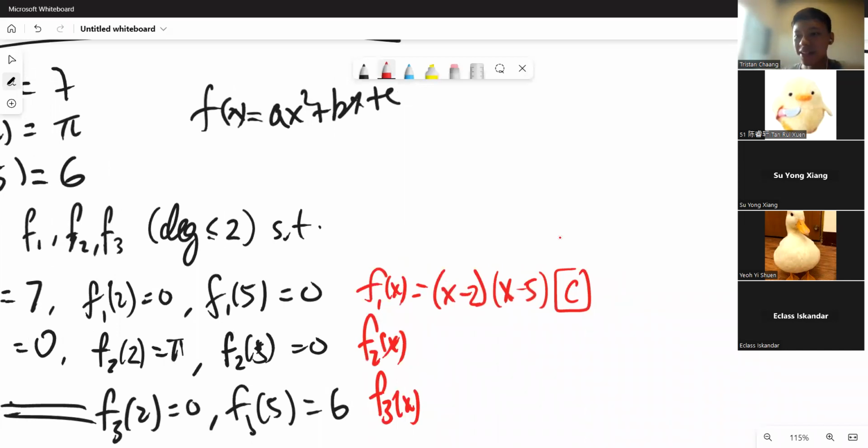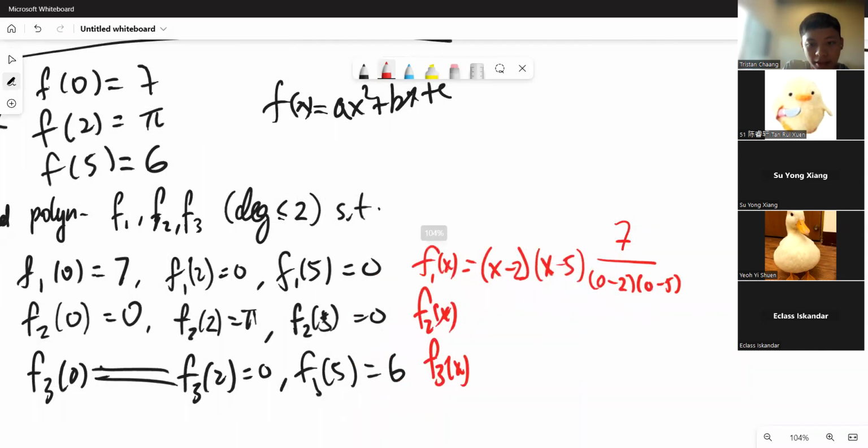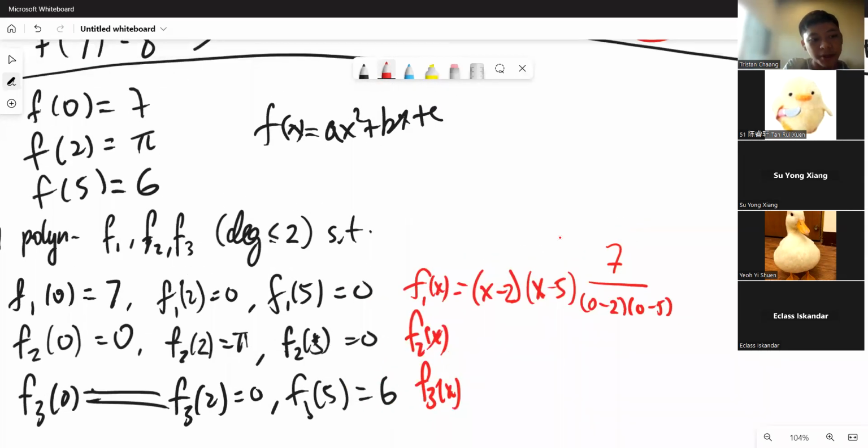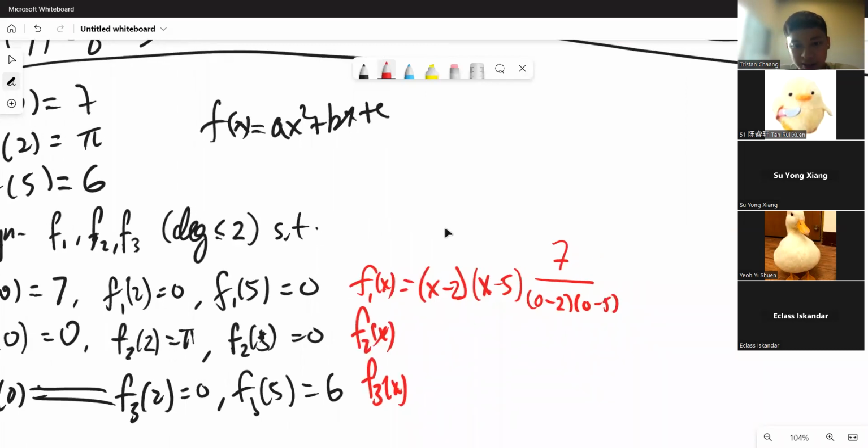In fact, I'll just write it in a more technical way. I'll write it as (0 minus 2)(0 minus 5), and then a 7 on top. So when you put x equals 0, these two will cancel with this.